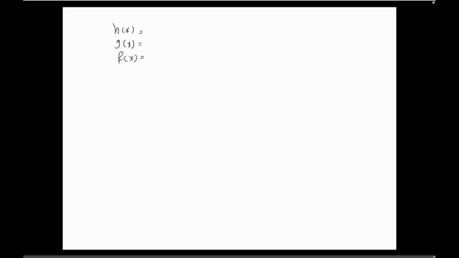But this time, since we're looking to write our function as 2 plus the absolute value of x, under the eighth root, what we will do is first represent h of x as the absolute value of x.